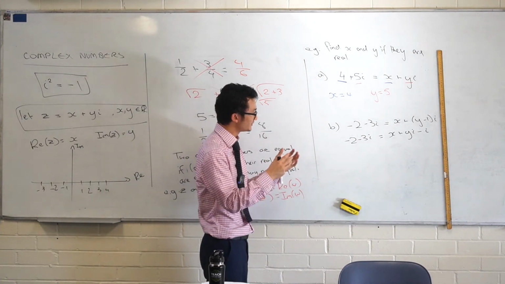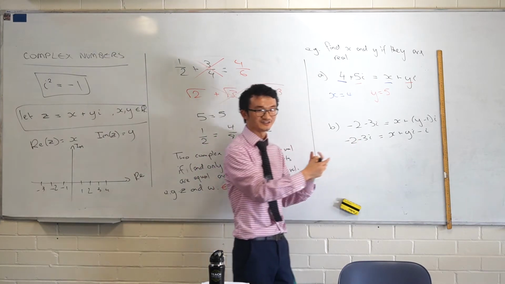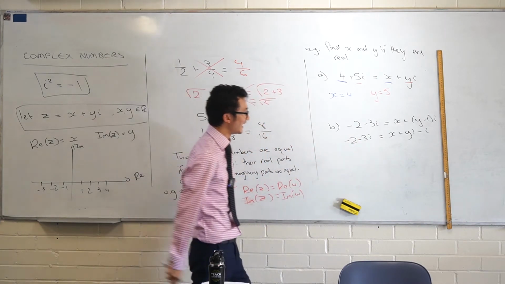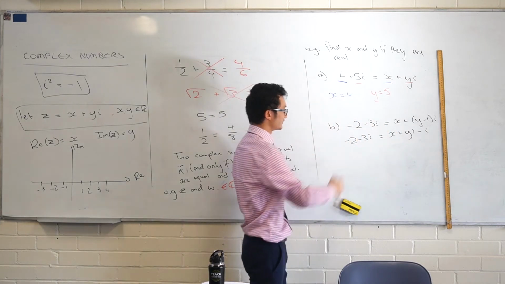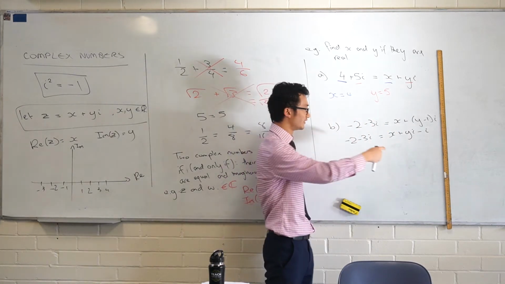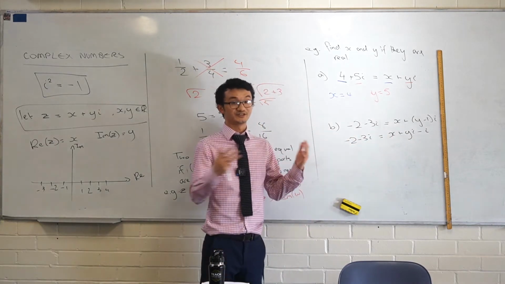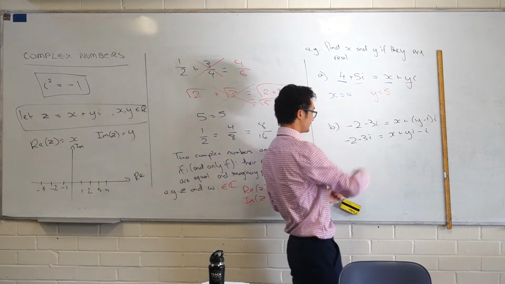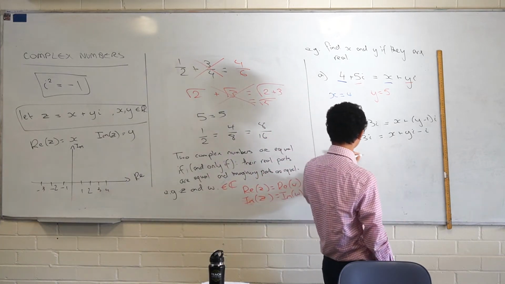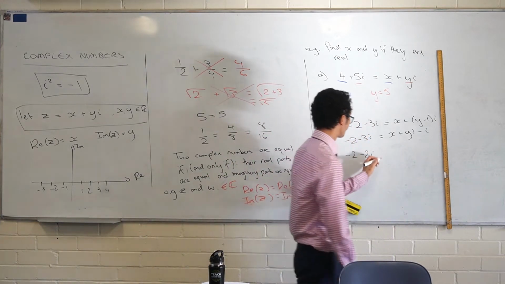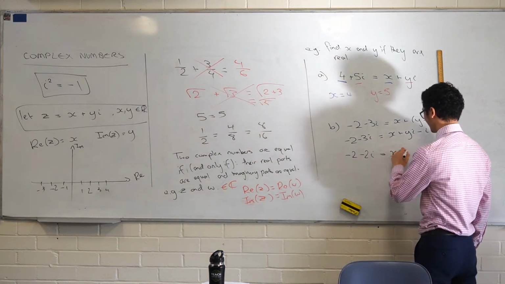You want this in a particular form where you can make direct comparisons easily. If I want to make it easy to compare them, I want to think about balancing my equations. In this situation, I'm just going to add i to both sides, again treating it like a variable. If I add i to both sides, I get minus 2 minus 2i equals X plus yi.